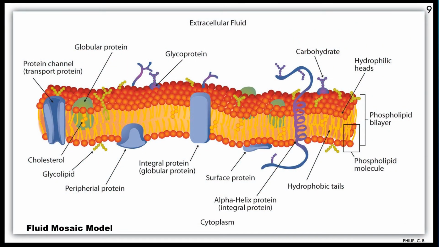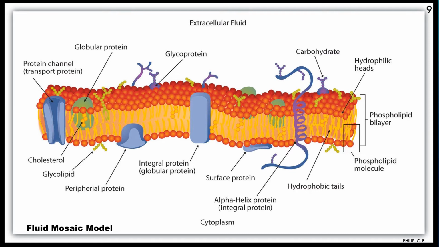Now we can see here the fluid mosaic model, which we saw in the previous slide. Extracellular fluid, protein channel, that is transport protein, globular protein, glycoprotein, carbohydrate, hydrophilic heads, as we read, hydrophilic means water loving, phospholipid molecule, and bilayer with hydrophobic tails, which repel or do not take up water.